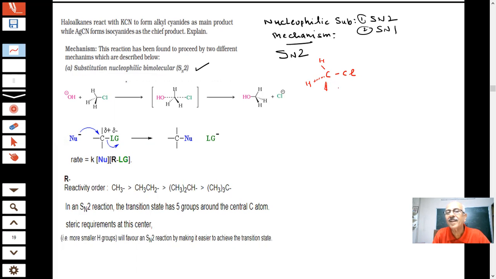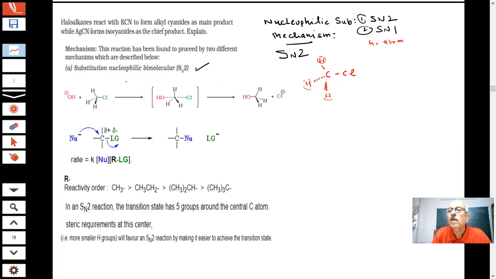The carbon is tetrahedral in nature, sp3 hybridized. Here you can see hydrogen atoms are very small in size.